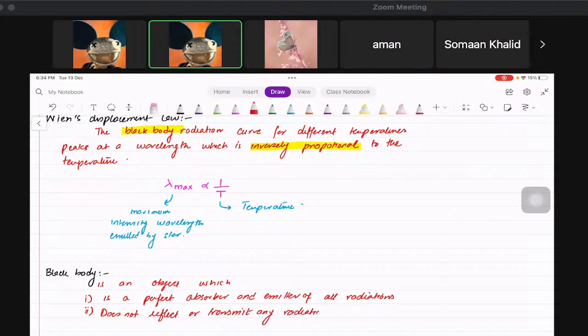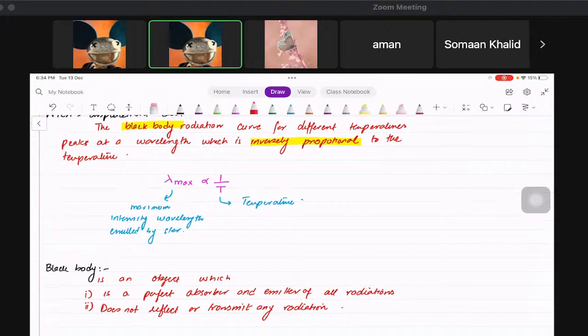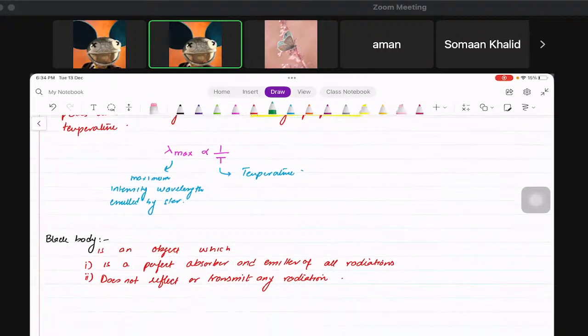So it's not a reflector at all, so you got to remember that, all right? Basically, write a note here: a black body is an ideal star, all right?